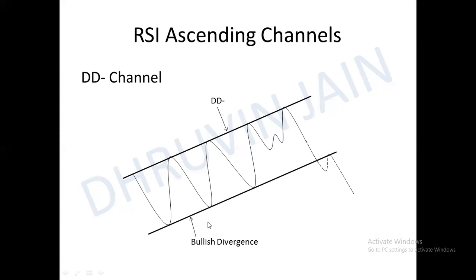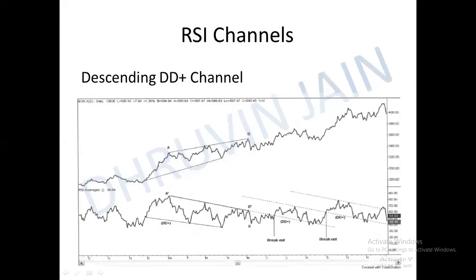So we can see that price was making lower highs, lower lows, whereas the RSI was making higher lows. That is nothing but a bullish divergence, and the trend continuation divergence is the DD minus. I do get confused with these terms, as I'm not a downtrend trader.